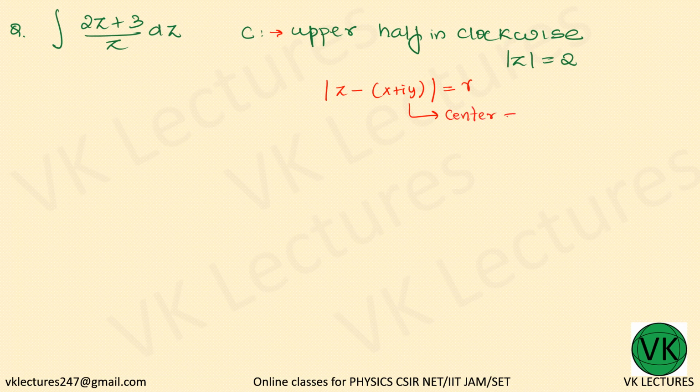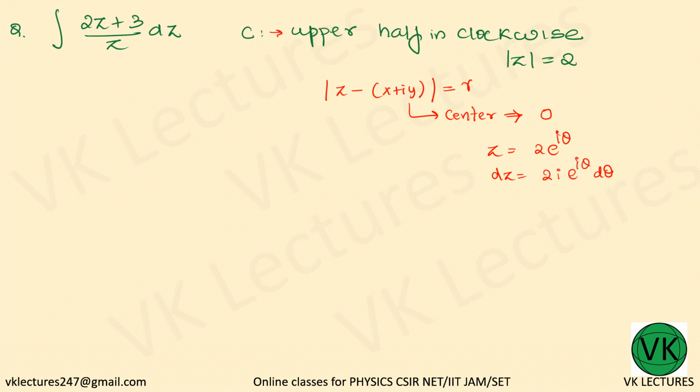Now in this case the center is 0, so z is equal to 2, the radius, e to the power i theta. Dz will be equal to 2i e to the power i theta d theta.